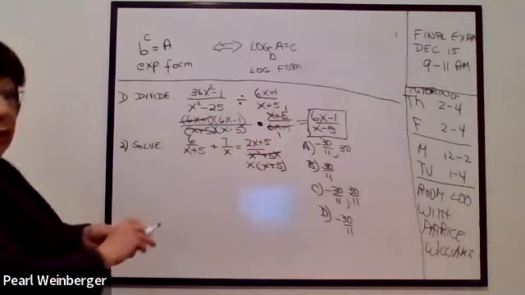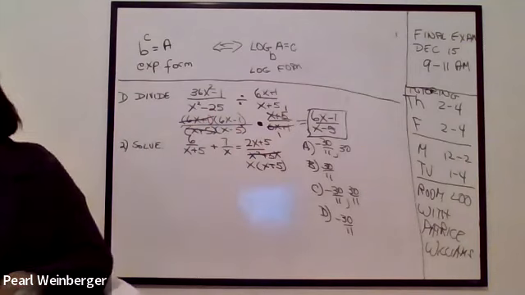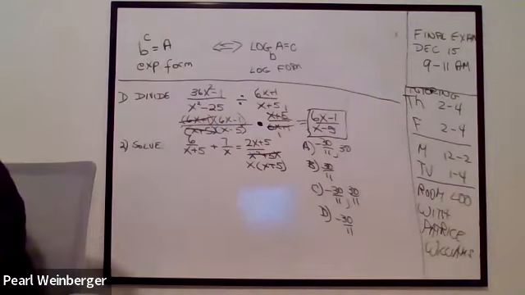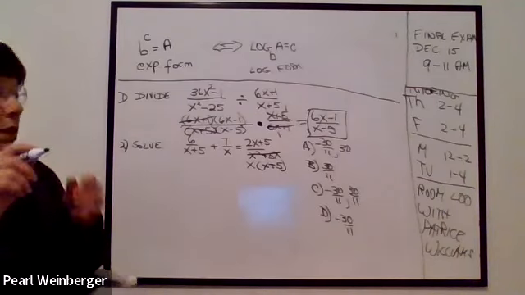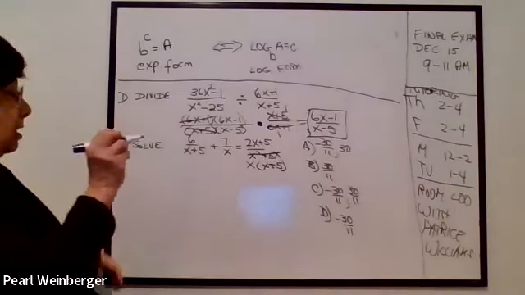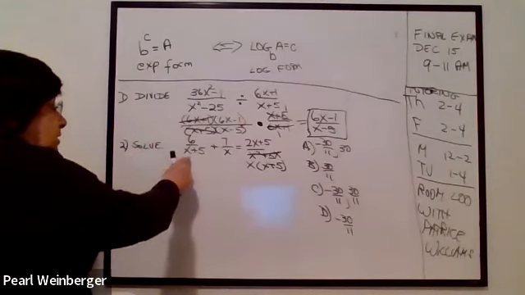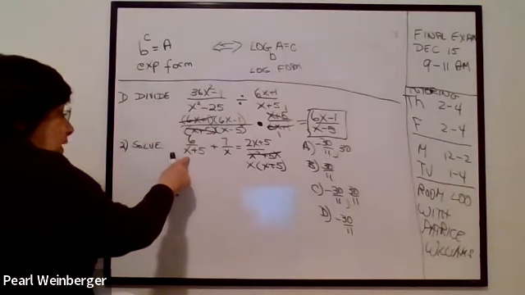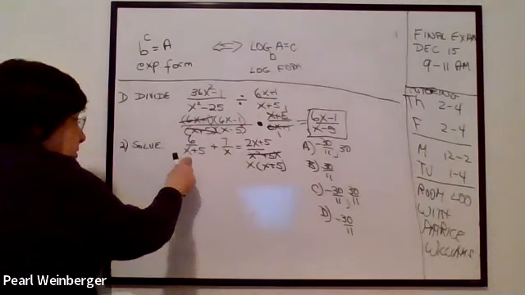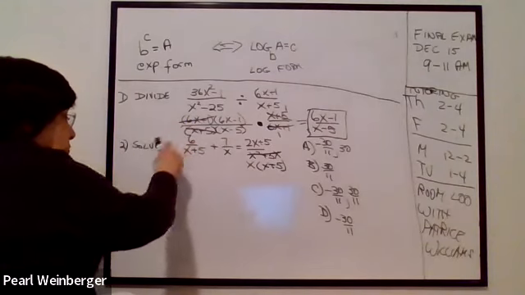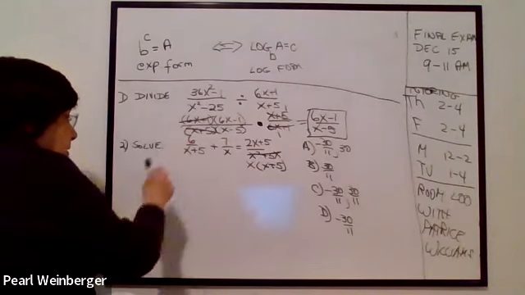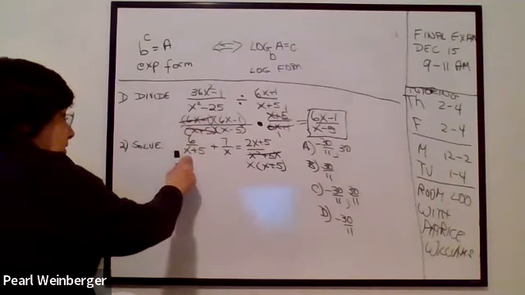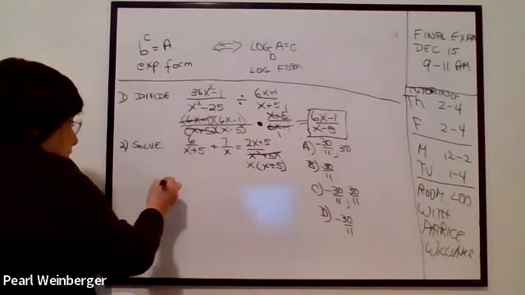Now, if you recall how we figure out the LCD, we start with our first fraction and we take all the factors from that denominator, which is x plus 5.